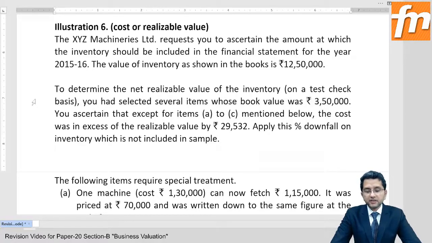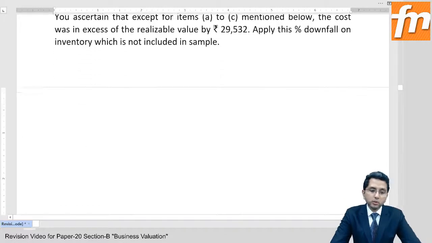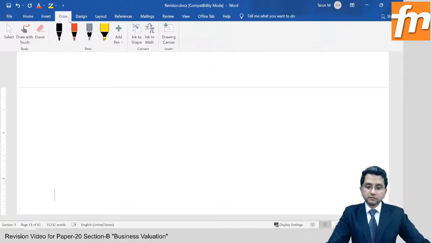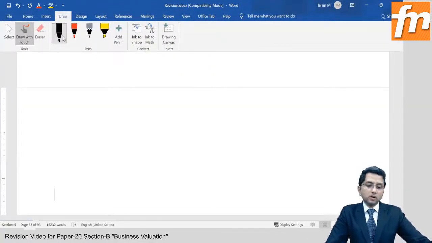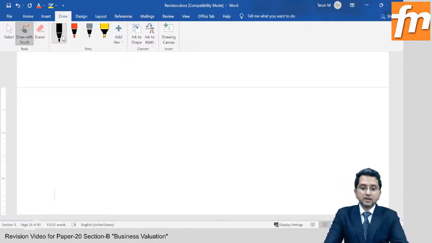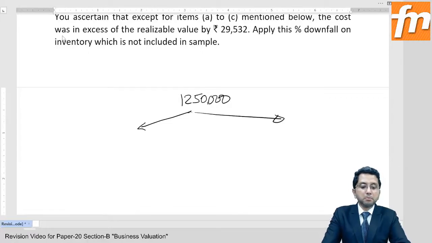Now this is fantastic that you are making a test check, and what you are doing in this test check is, I'll tell you, that the book value of your inventory is 12,50,000, out of which you have chosen a sample of 3,50,000.